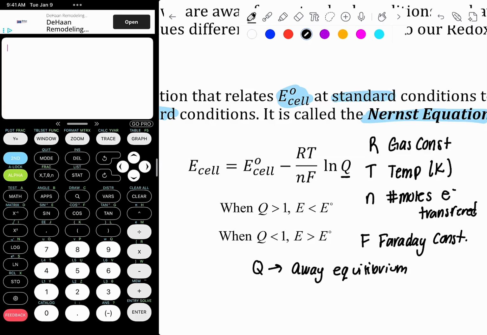Okay, if we're away from equilibrium, that's also our non-standard conditions. Now we've looked at this when we compared E cell naught to RT over nF ln of K. Okay, we've looked at it there. We also looked at log K as well, but we were looking at K.